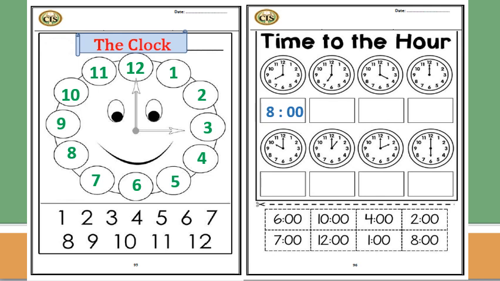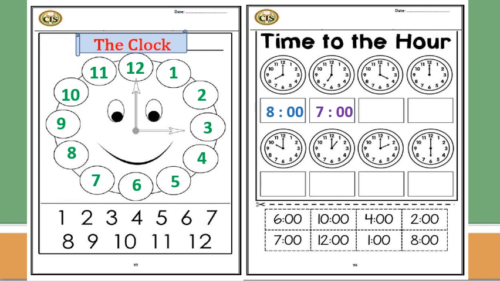Second clock here, the short hand points to 7 and the long hand points to 12. In digital form, it means 7, 0, 0. 7 for hours, 0, 0 for minutes. Here, the short hand points to 4 and the long hand points to 12.